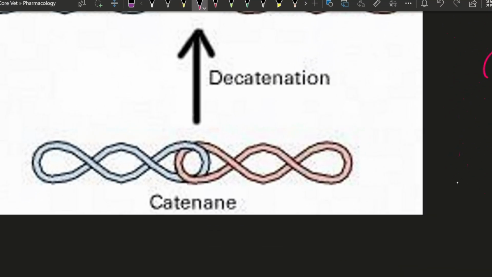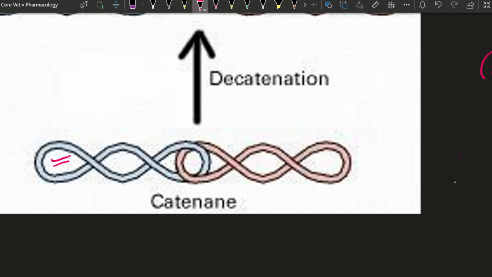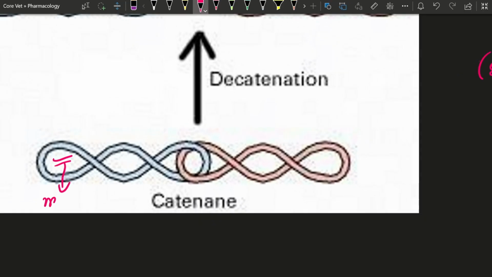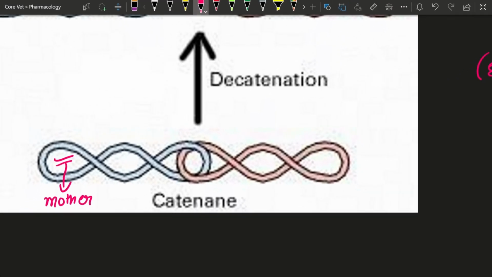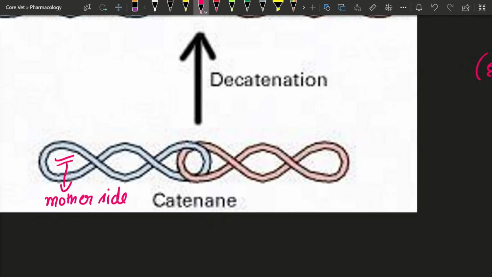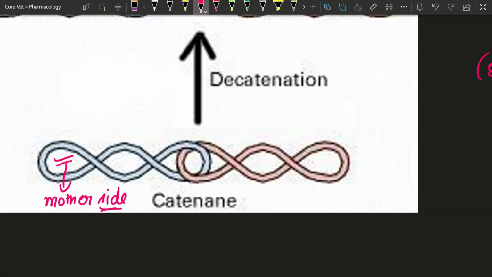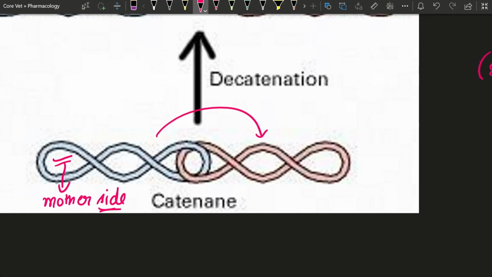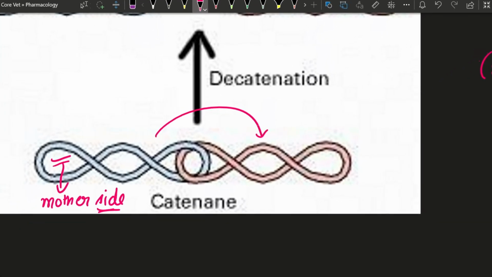Consider this blue DNA. This blue DNA is from the mother side, meaning the mother bacterial cell was having the blue DNA, right? So after replication, a similar structure of the DNA has been formed, which is depicted as orange over here.